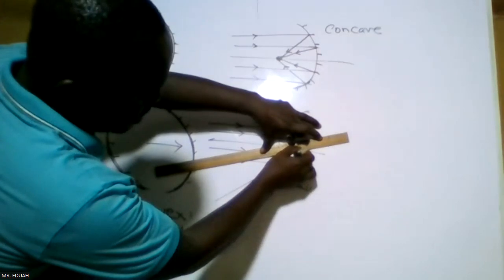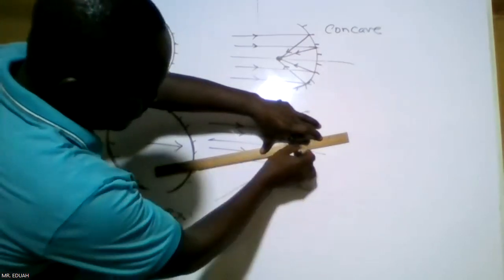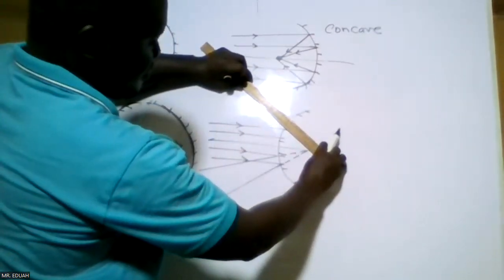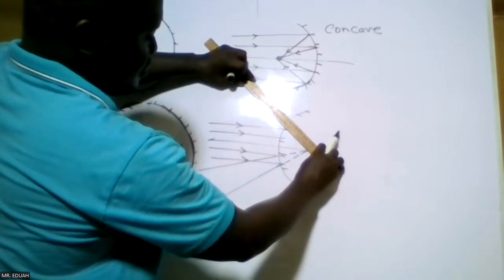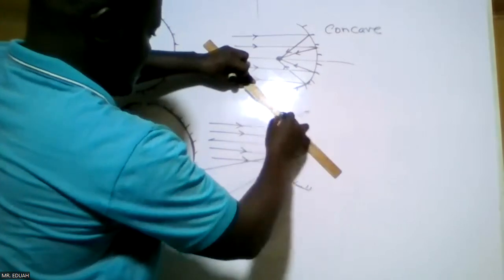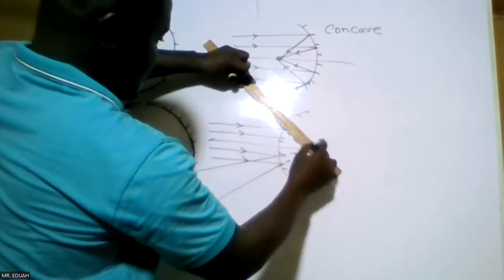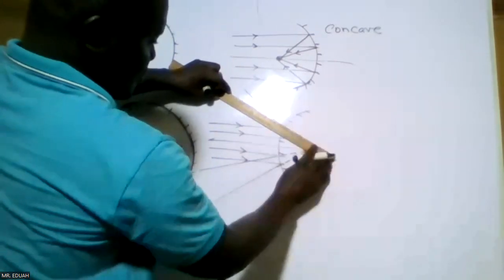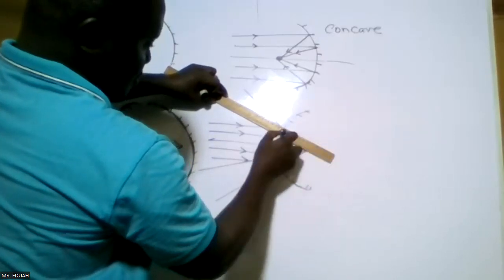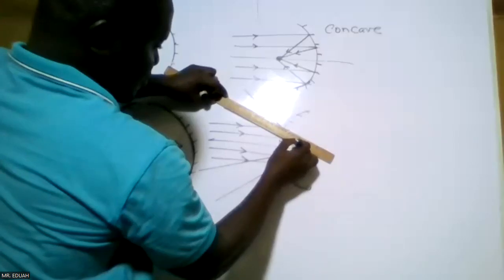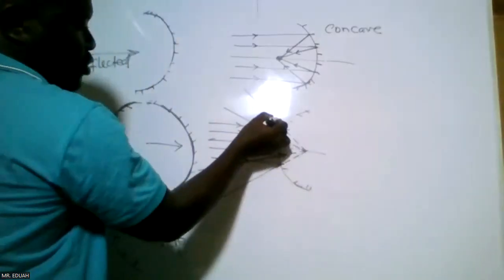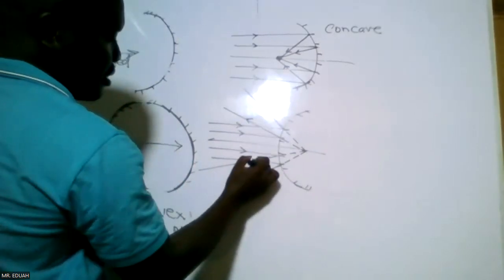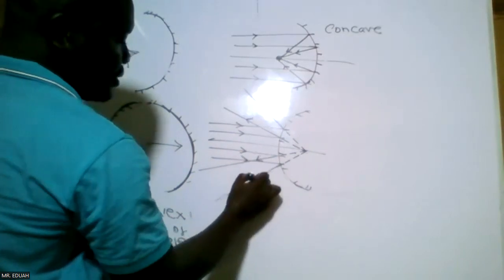Divergent rays. So with this kind of mirror, all parallel rays are diverged.